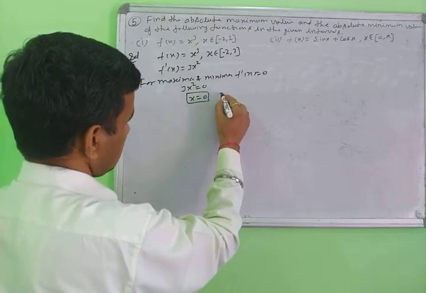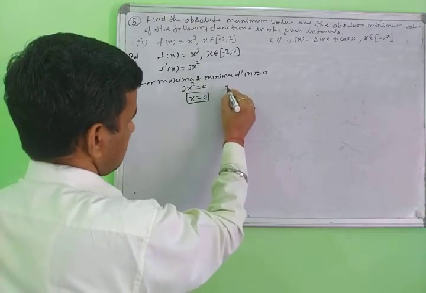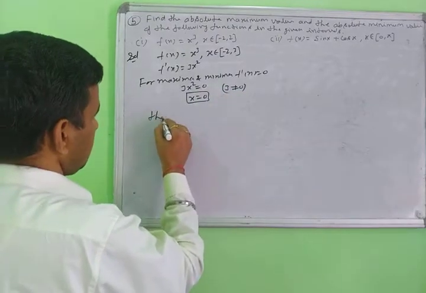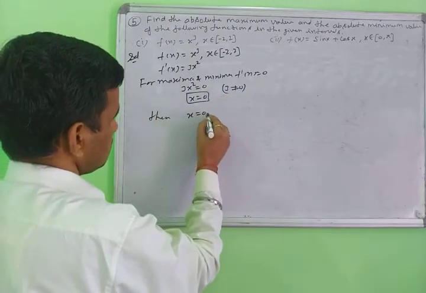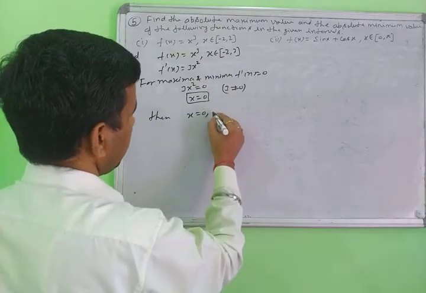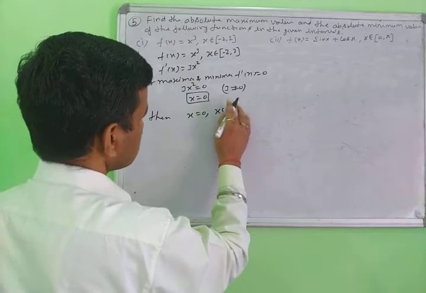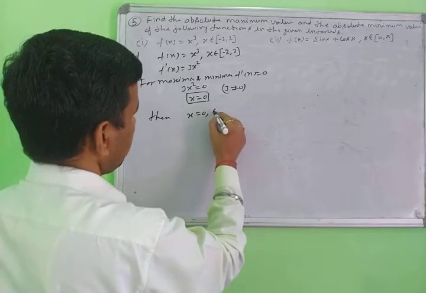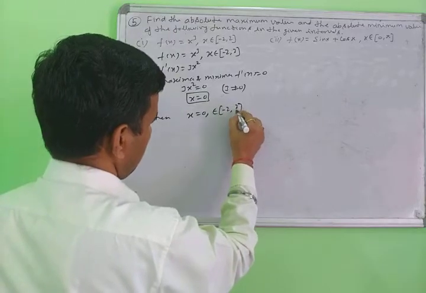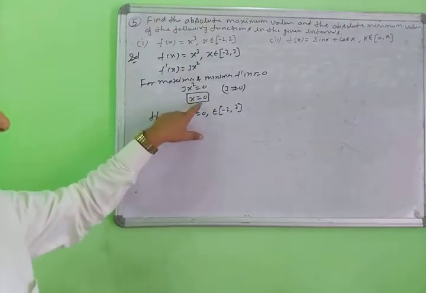3 does not equal 0. But then x equal to 0 belongs to the interval minus 2 to plus 2. 0 is the critical point.